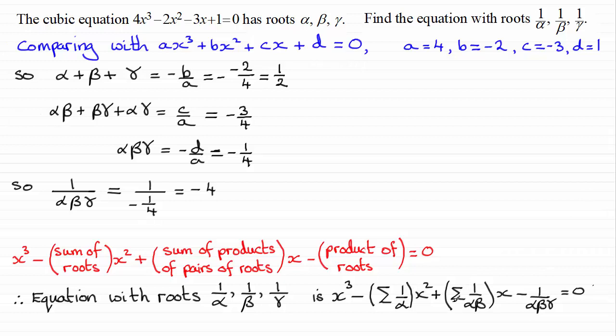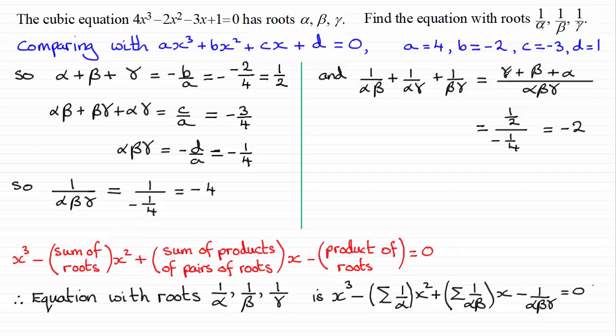Let's work out this one here, the sum of the new product pairs of roots. So looking at that, we're looking to find this value here. And to do that, we could put this all over a lowest common multiple, that'd be alpha beta gamma. And if we work out the numerator, what we're going to get is gamma plus beta plus alpha, all over alpha beta gamma.